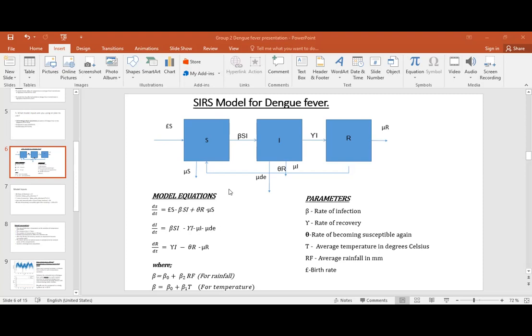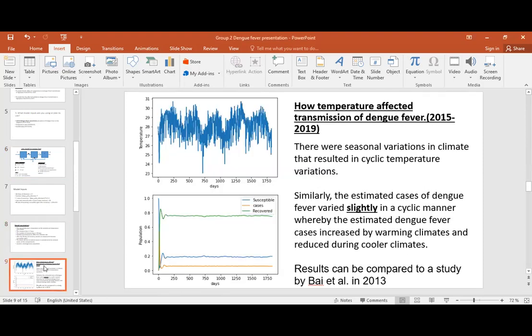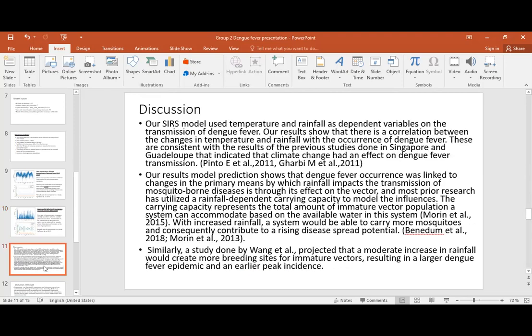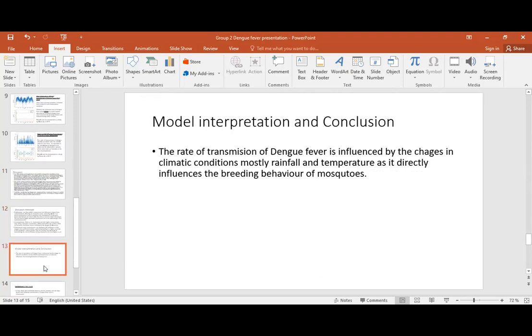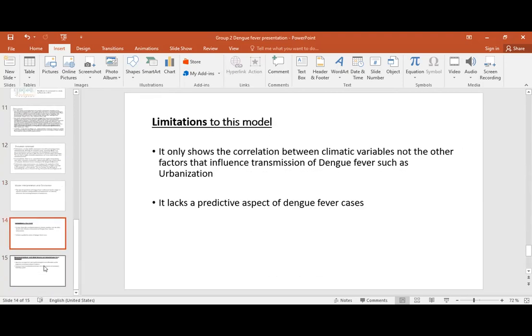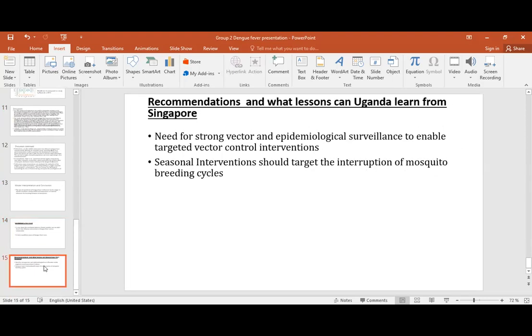And the other aspect which I felt we could bring out is the model limitations. If you go to the recommendations, I want to show you something. Go to the recommendations, that's the last slide.